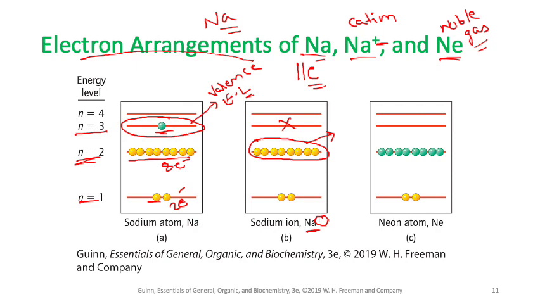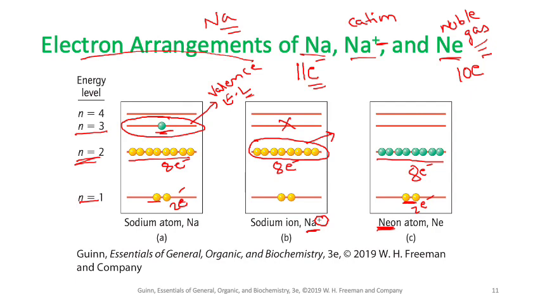How many valence electrons do you have in the last energy level for sodium plus? 8. And this is the same as for neon. Neon has 10 total electrons. So 2 will go to energy level 1, and 8 will go to the second energy level. And then we know from the octet rule that the last energy level for any atom has to have 8 electrons to get an octet full, right?